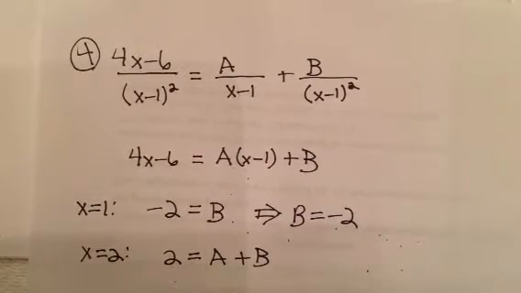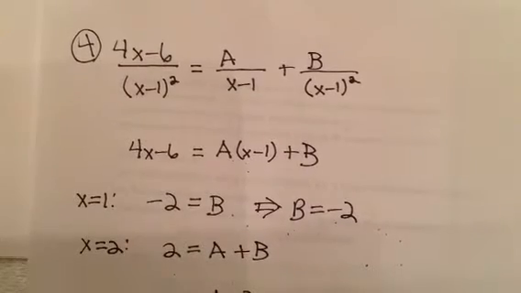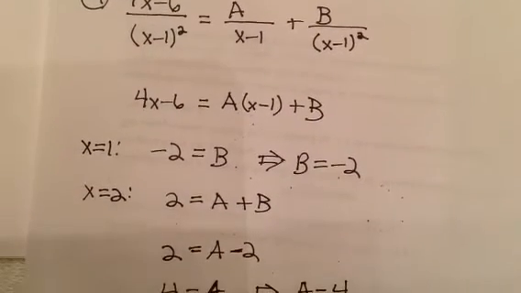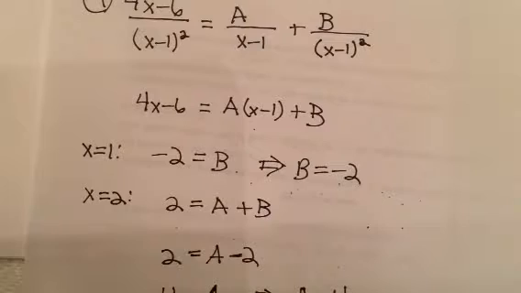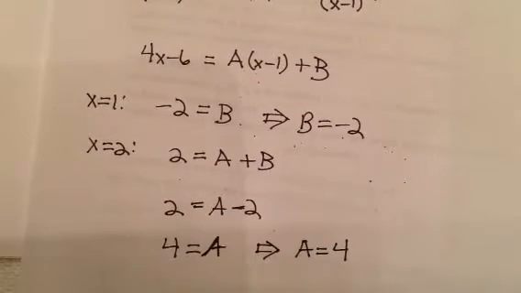As we substitute negative 2 for B into this newly formed equation, we have that 2 is equal to A plus negative 2, or 2 is equal to A minus 2, and then upon adding 2 to both sides, the missing value of A is going to end up at 4.